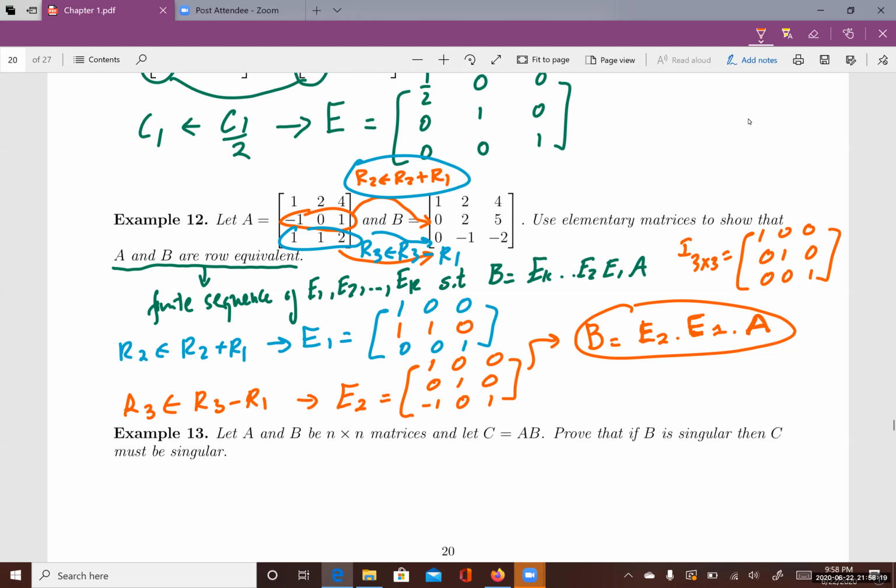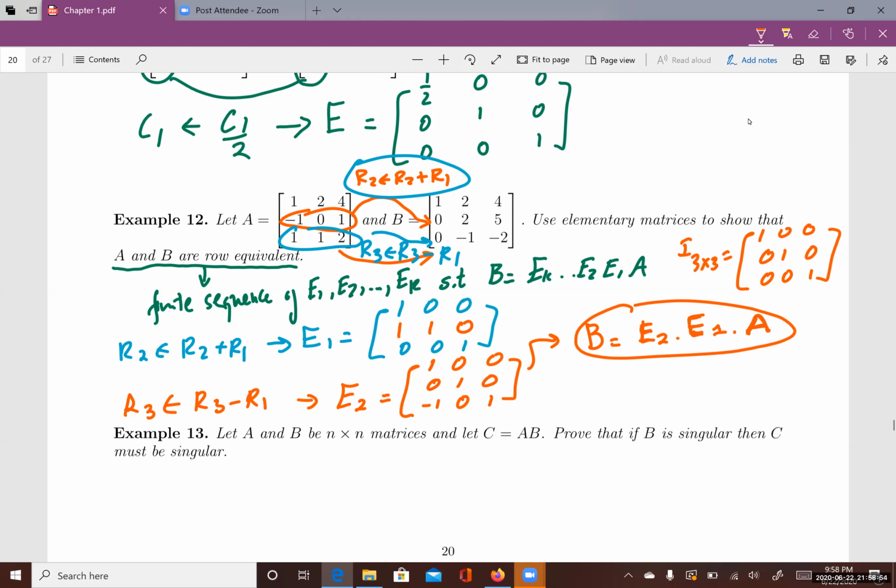Because I use row 1 to change row 2, and also I use row 1 to change row 3, that means I can do these two row operations independently, regardless of the order. So I can multiply E1 to A first and then E2 to E1A, or I can multiply E2 to A and then E1 to E2A.